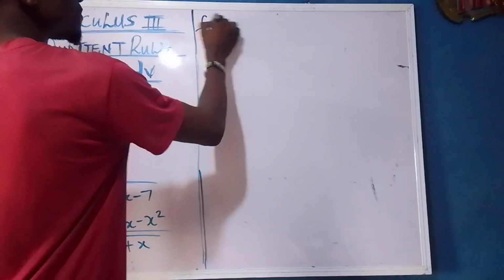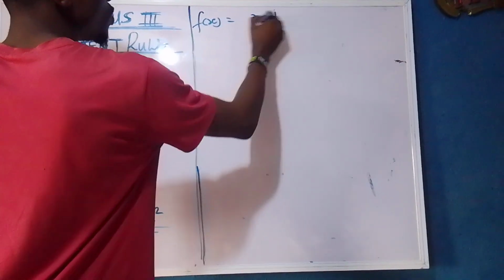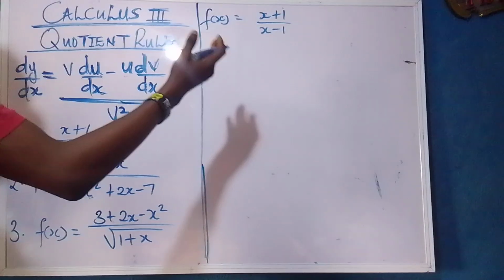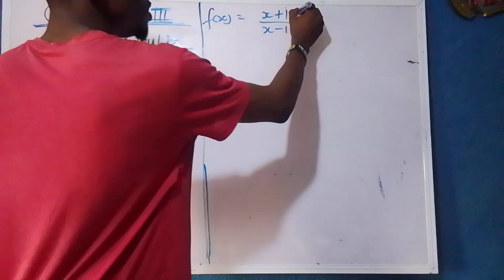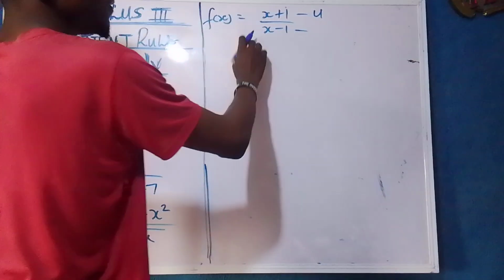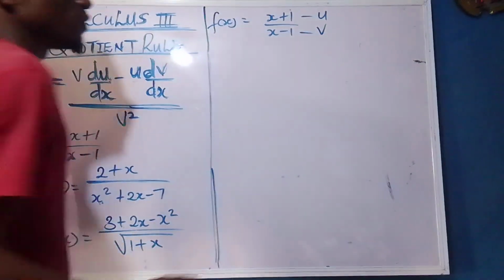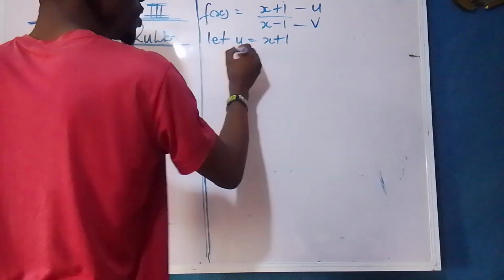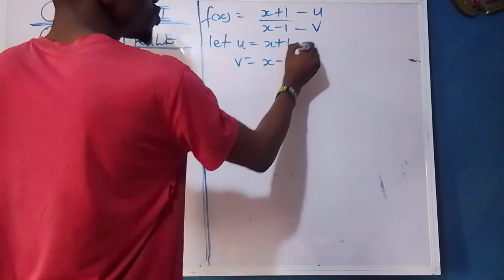So f(x) equals x plus 1 over x minus 1. How do you do it using quotient rule? Number one, let the numerator part of the fraction be u and the denominator part of the fraction be v. So let u be equal to x plus 1 and v be equal to x minus 1.